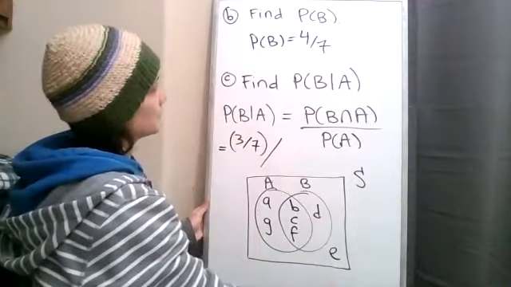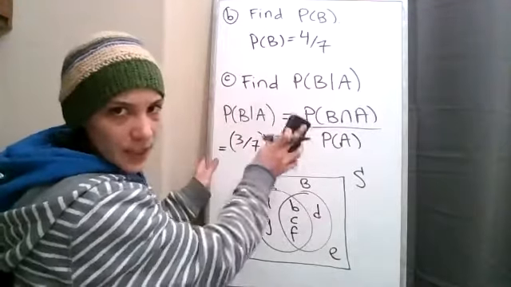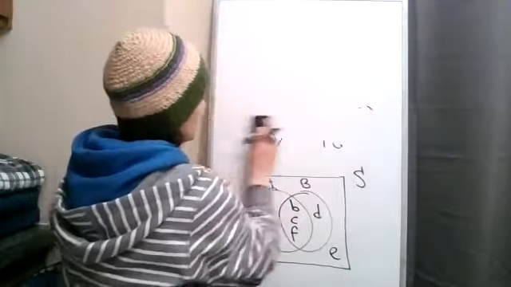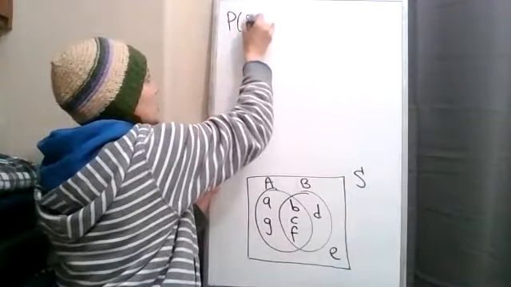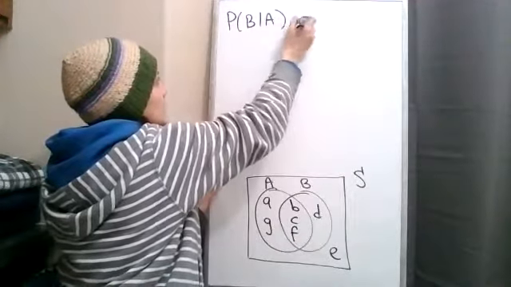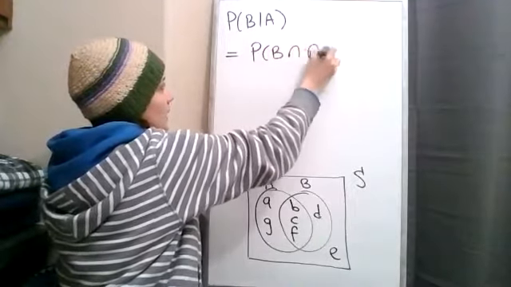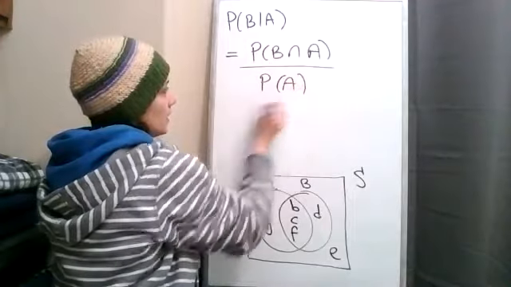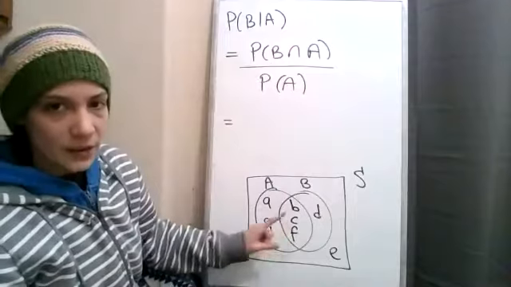I want to save our nice picture, so just rewriting what's happening here. We're going to go back to the probability for B given A equals probability B and A. Okay, where are we? 3 times out of 7.